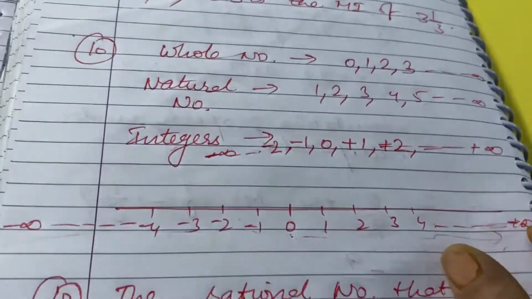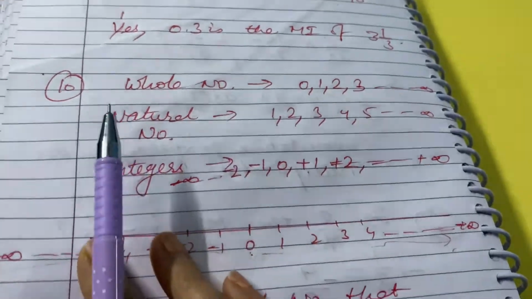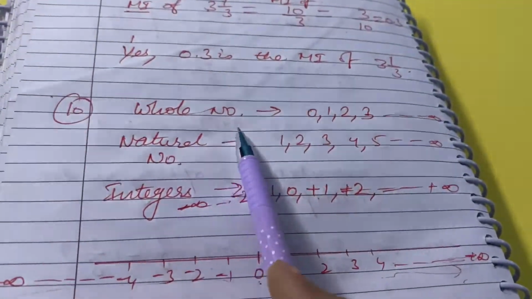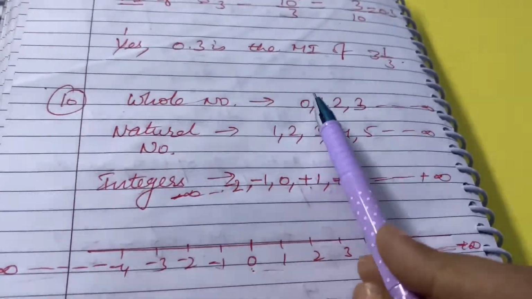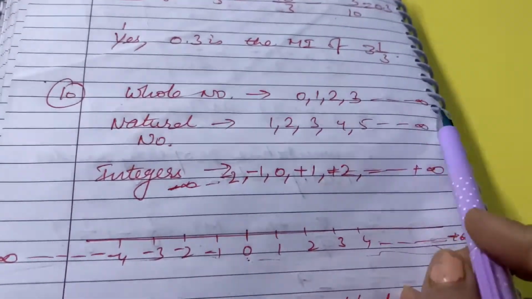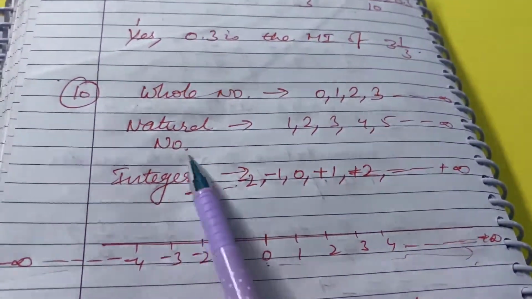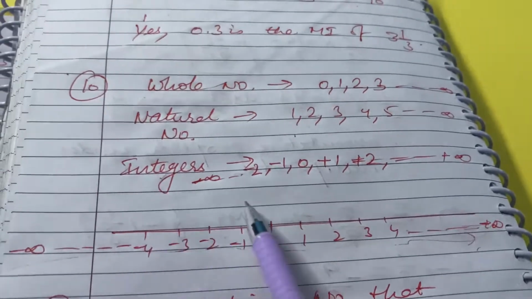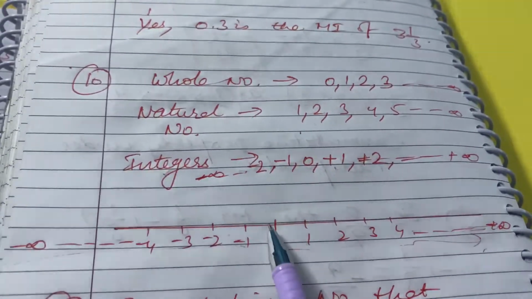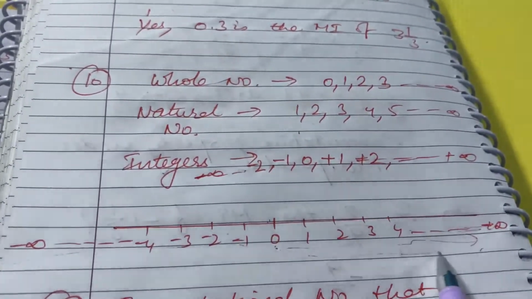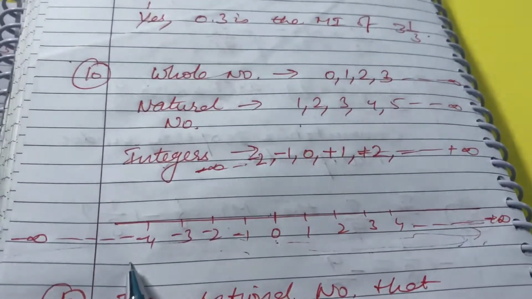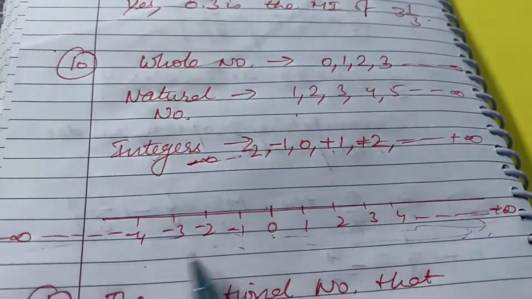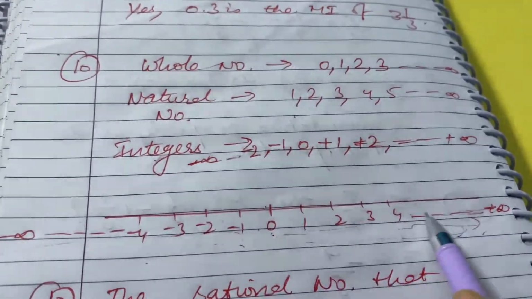Now guys, there is some important information in order to do this chapter in a better way. There are three types of number system. First is the whole numbers, that start from 0, 1, 2, 3 and so on up to infinity. Natural numbers are the numbers that start from 1, 2, 3, 4 up to infinity, and integers are the numbers lying on the number line starting from 0 at the center, with positive numbers on the right side and all negative numbers on the left side. 0 is greater than all the negative numbers and 0 is smaller than all the positive numbers.